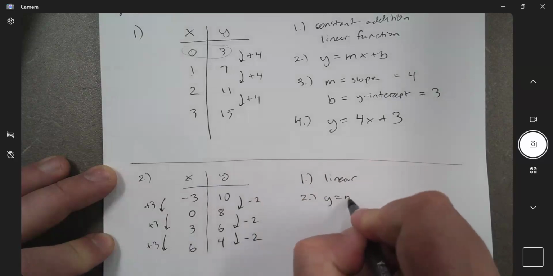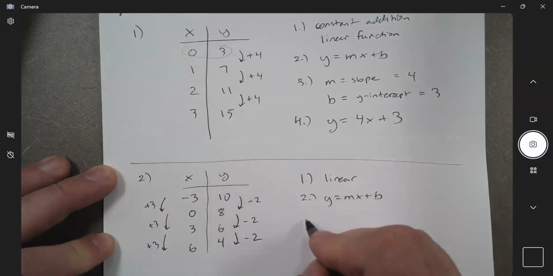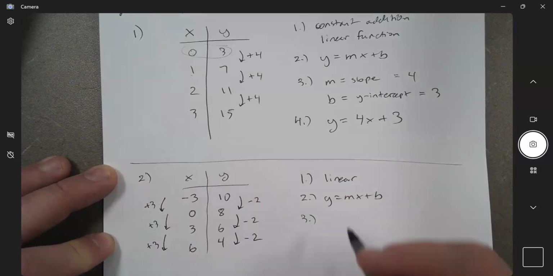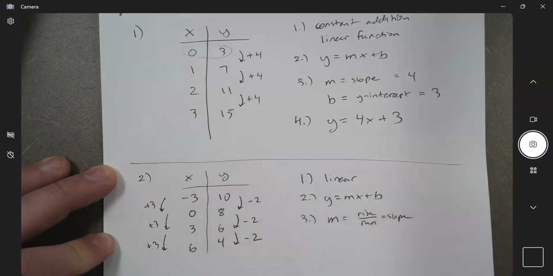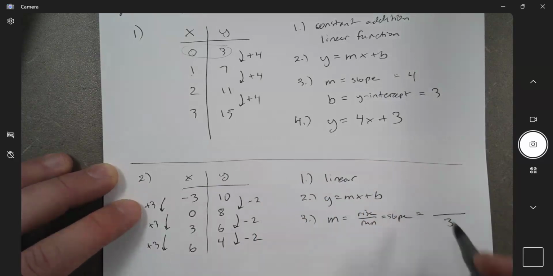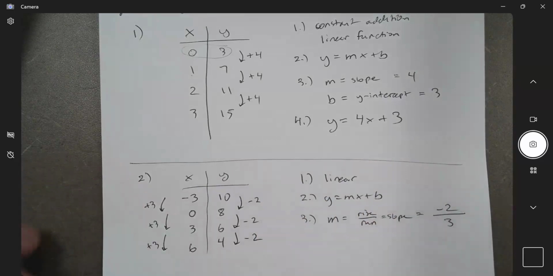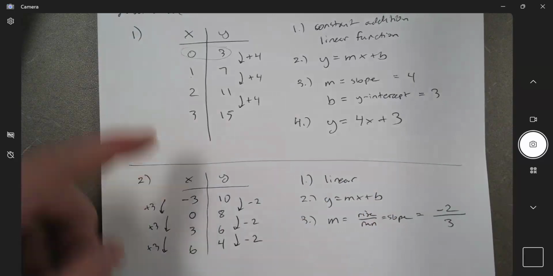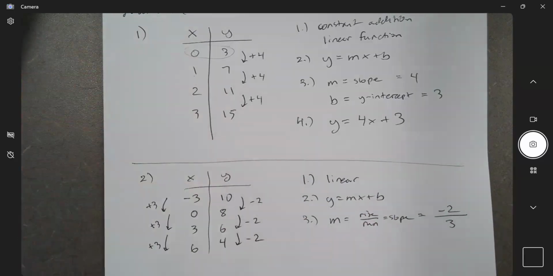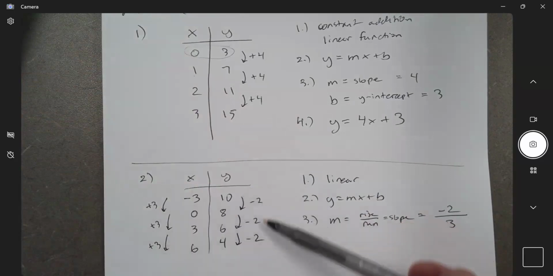So y equals mx plus b is my formula. M is the rise over run, it's the slope. And when x goes up by 3, y goes down by 2. So that's how I would pull out the slope when it's not just a simple +1 each time. You just say, how much does x go up by? How much does y change?